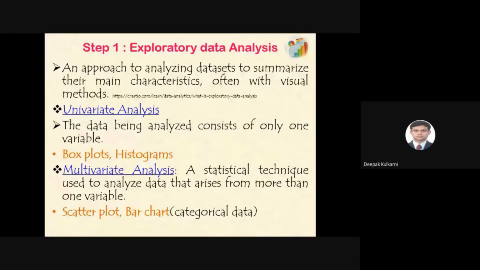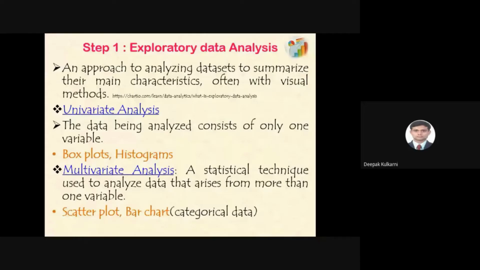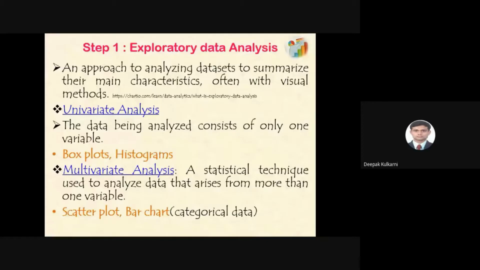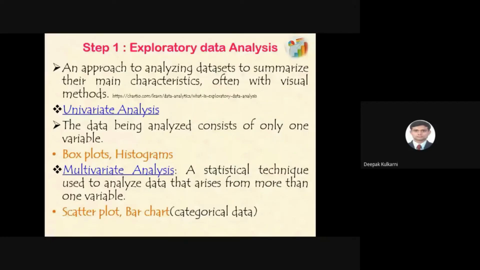So that is a numerical value. Otherwise, take the example of whether a person is diabetic or non-diabetic. There are only two categories of the variable, diabetic and non-diabetic. So this is called categorical data or a categorical variable. Categorical variables are best represented using bar charts.